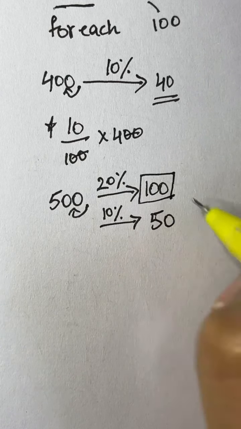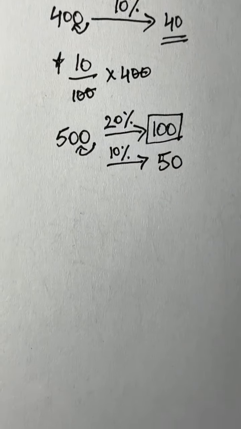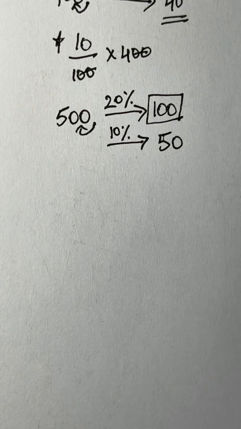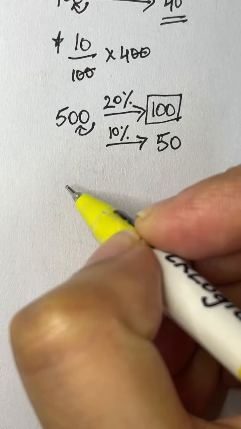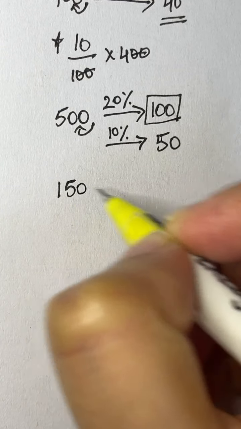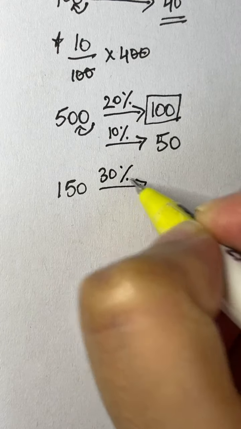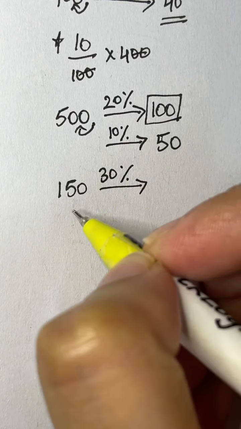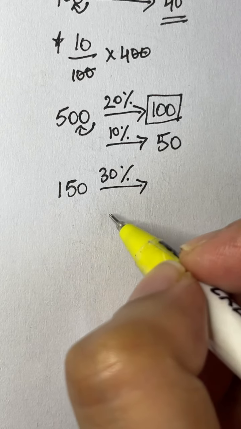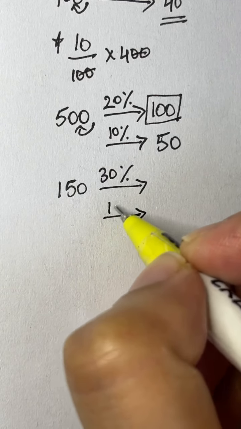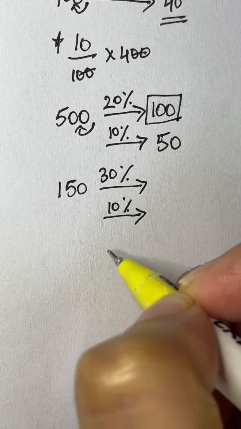That's your answer. Okay, let's see another example. For example, if you have to find 30% of 150, you have a number 150 and you're finding 30% of that number. For that, you will be finding 10%. All right. What is 10% of 150?